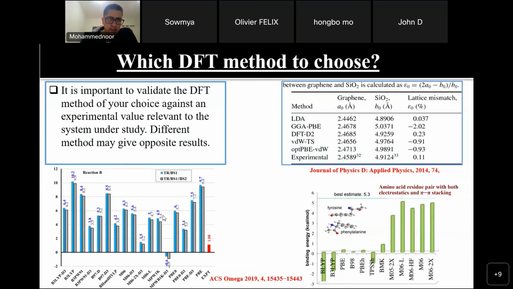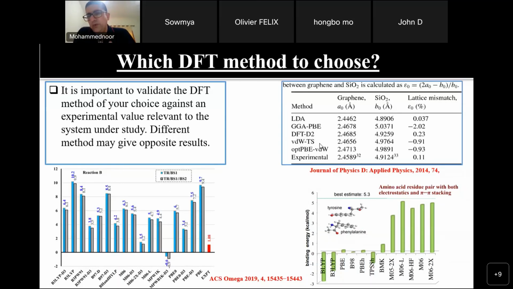For example, this one gives the enthalpy of a reaction using different methods. This method gives an exothermic reaction. However, if you apply another method, you will have an endothermic reaction. So which determines whether it is endothermic or exothermic? It is the experiment.